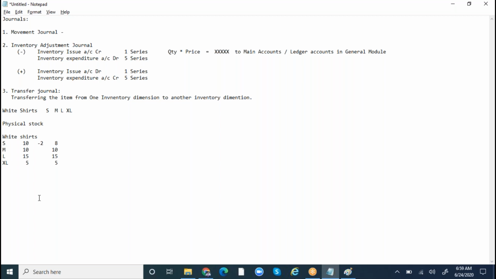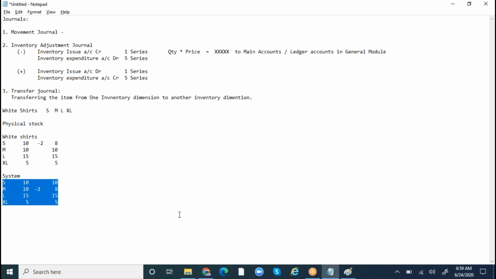Now in the system, by mistake the invoice happened to this quantity. Overall stock is fine, but there is a misunderstanding. By mistake while billing it happened like this.